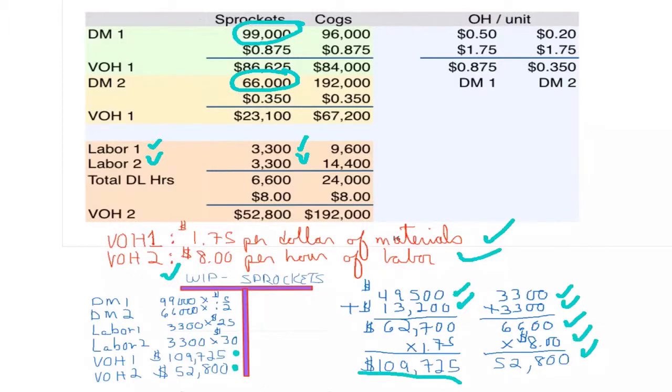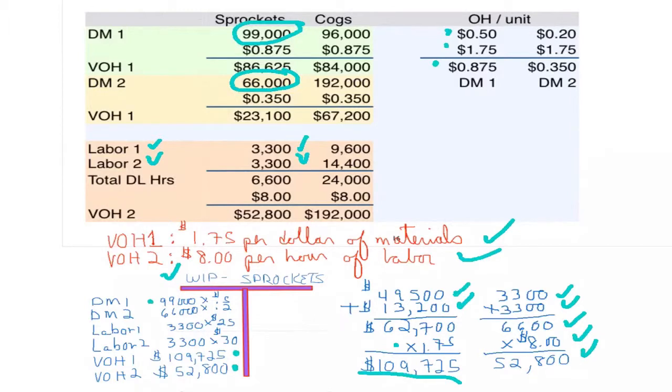I also showed you a different way of calculating it. This one might be a little obscure, but essentially I just combined some of the multiplications. So instead of taking, for example, 99,000 times 50 cents, as I did over here, and then multiplying it by $1.75 later, I took the 50 cents times the $1.75 and came up with a factor of 0.875.